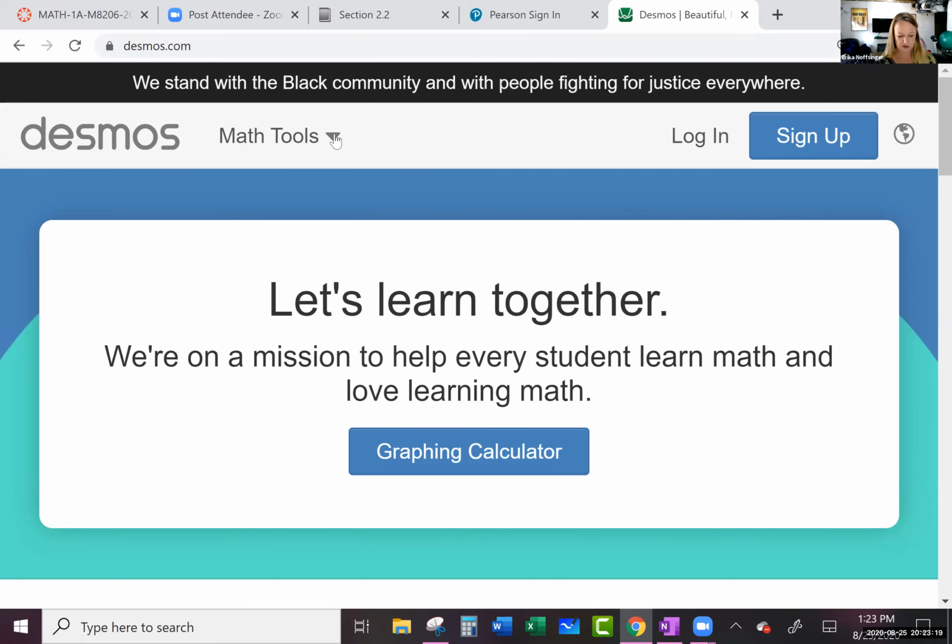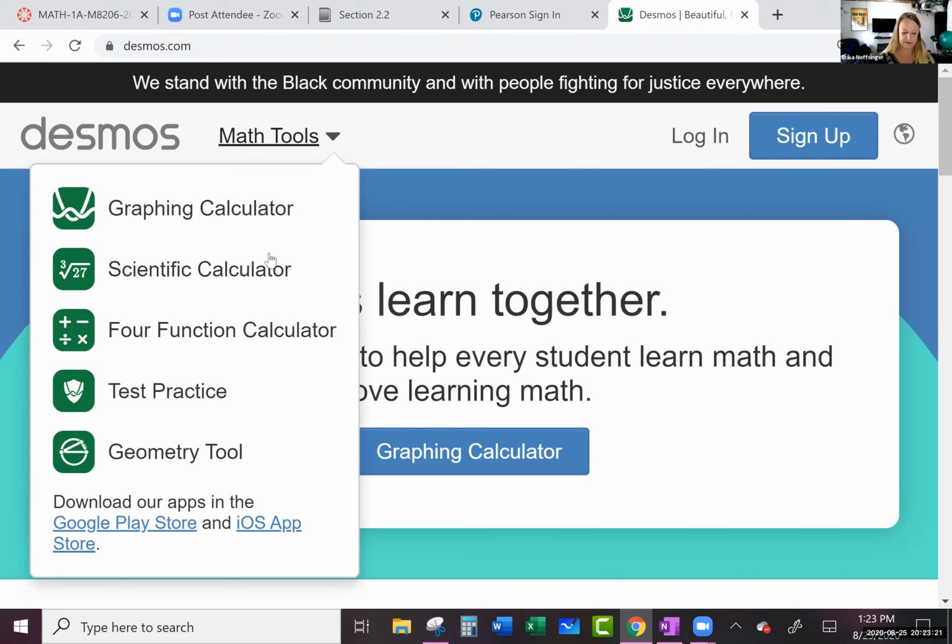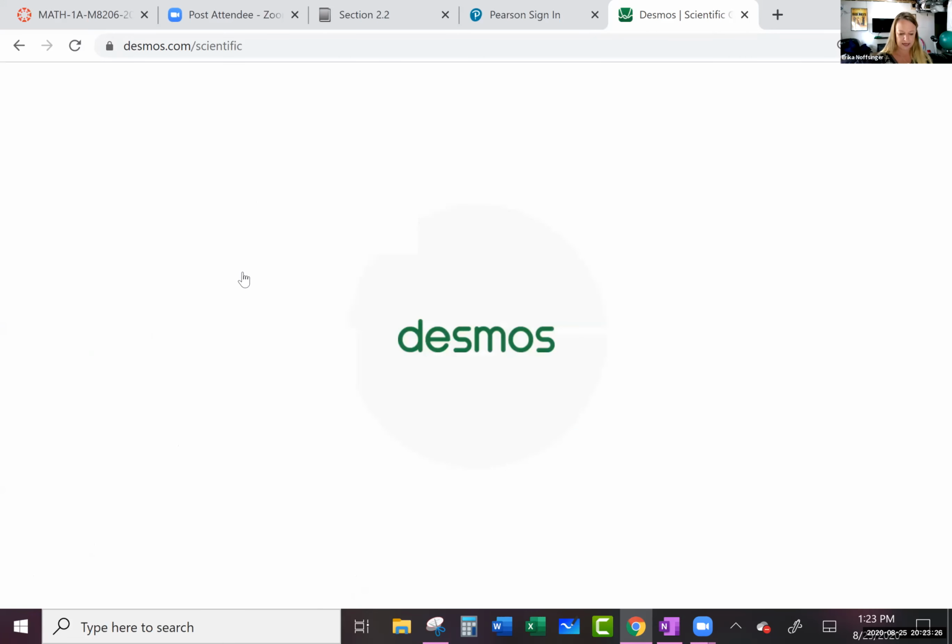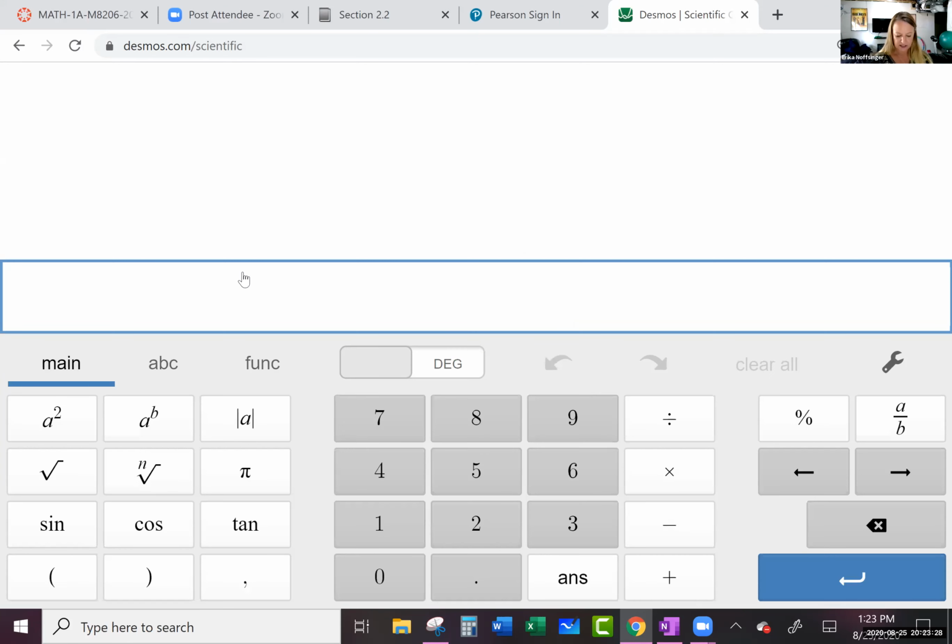I want to use their scientific calculator and plug in my function. I'm going to call it f of x instead of f of theta, just to make it easier. This is equal to sine of x divided by x.